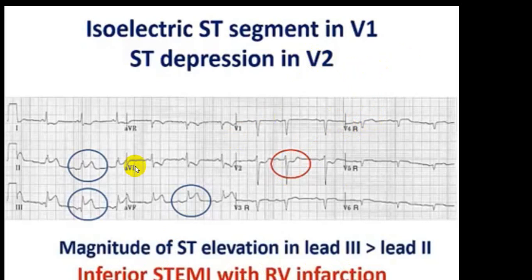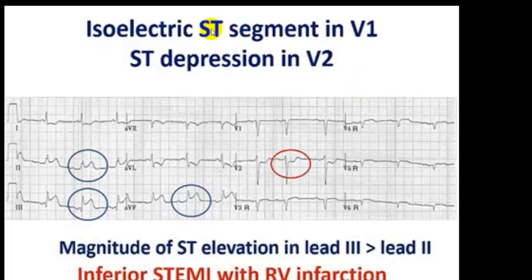So in presence of inferior wall MI, lead 3 taller than 2, in case of posterior wall MI, you will have V1, V2, V3 ST segment depression with upright T wave, R wave taller than S wave. In case of an RVMI, you will have ST segment elevation in V1 taller than in V2, and V4R will show you ST segment elevation, straightforward in favor of RVMI.